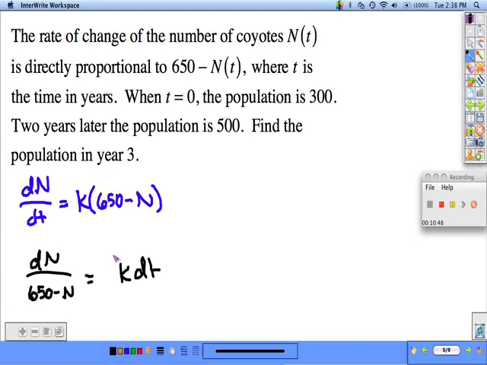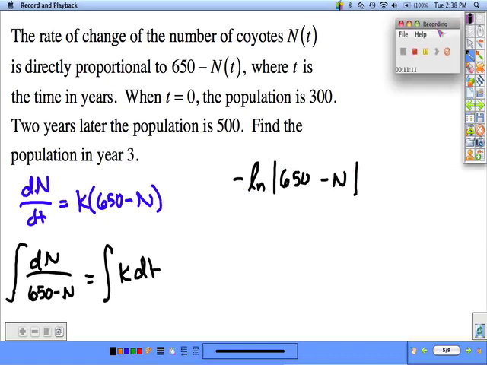We integrate both sides. And we get natural log of 650 minus N, but negative if we do a u substitution. This is equal to kt plus c.